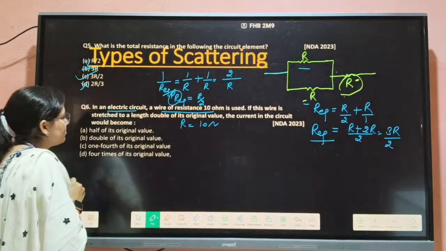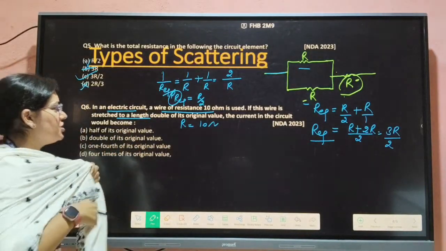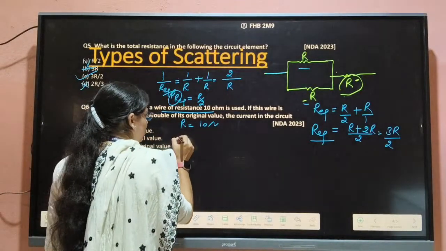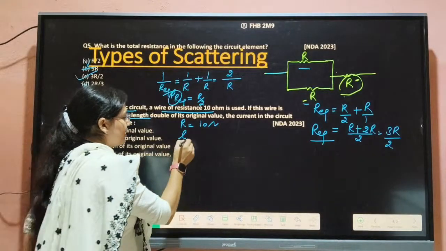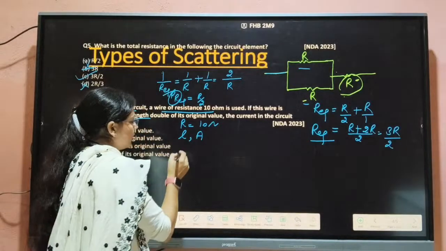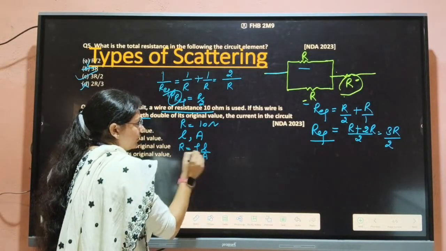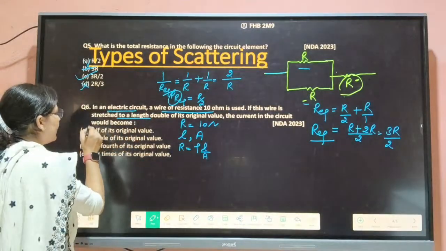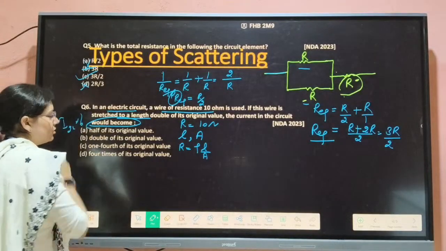Clear? If this wire is stretched, initially we take the length as L and the area as A. Yes or no? So we can write R equal to rho L by A. तो हमें करंट निकालना है कि अगर लेंथ को डबल कर दिया जाए तो करंट कितना हो जाएगा.